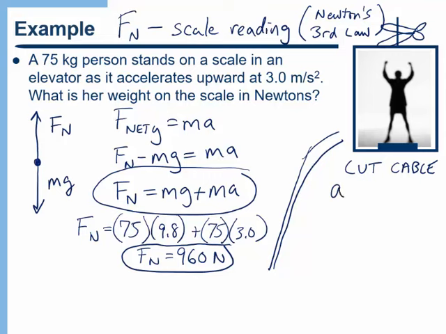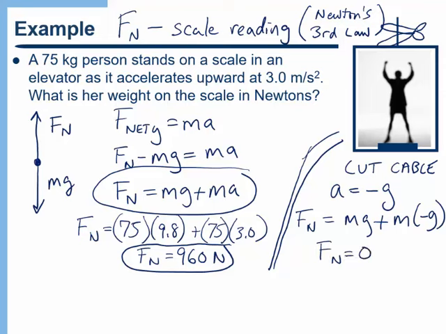Notice that if the acceleration is equal to negative g, when we calculate the force that the scale is exerting on you, the normal force, we'd get mg plus m times minus g. Or the normal force is equal to 0. In other words, you and the scale would simply be falling at the same rate, and so the scale would not be exerting any force on you, and you wouldn't be exerting any force on the scale. And in fact, you would be weightless.